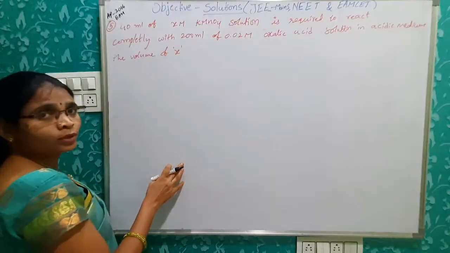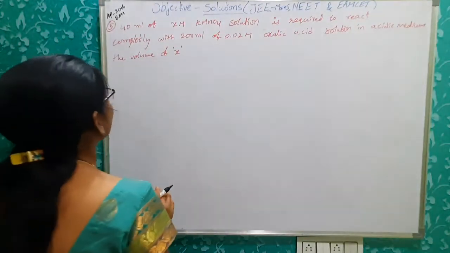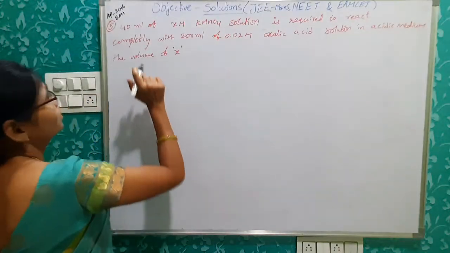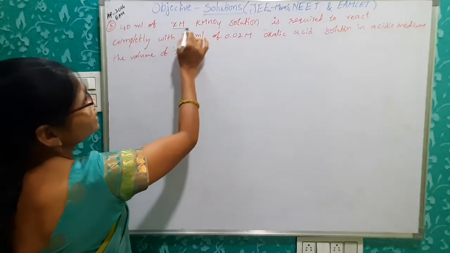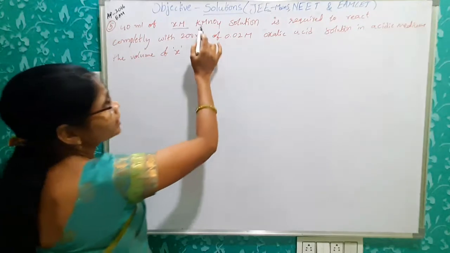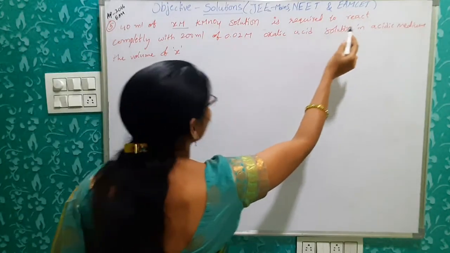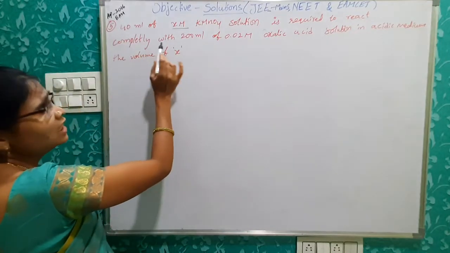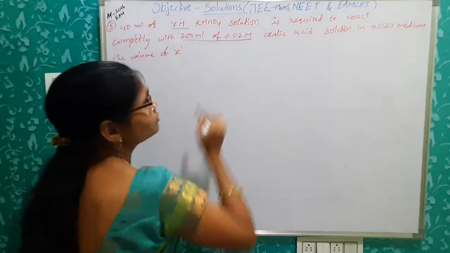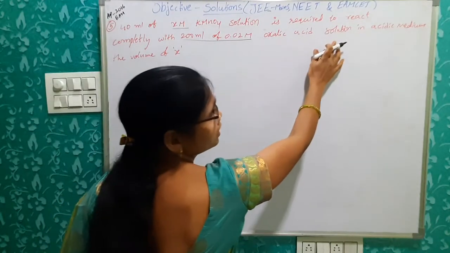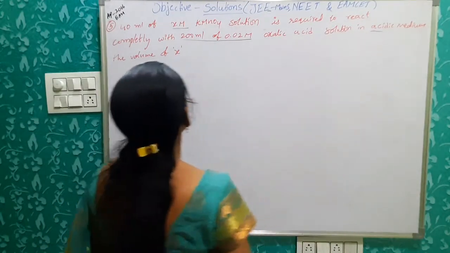Clear? Next, fifth problem. This is a previous AP EAMCET question, 2016. 40 ml of X molarity of KMnO4 potassium permanganate solution is required to react completely with 200 ml of 0.02 m oxalic acid solution in acidic medium.